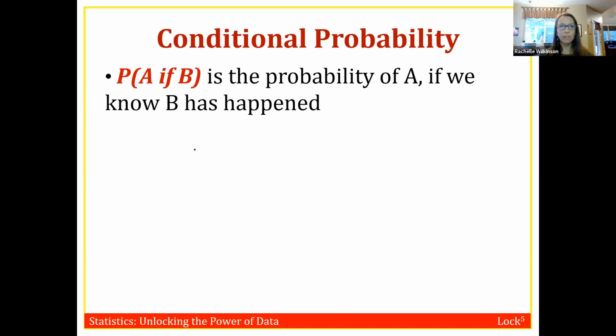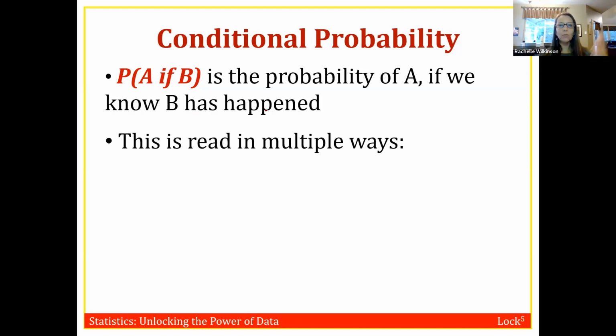So we talked about that being, we have to figure out the probability of something occurring if the other event already occurred. So in this case, the probability of A if B is the probability of A if we know that B has already happened. There are different ways to read or say that.